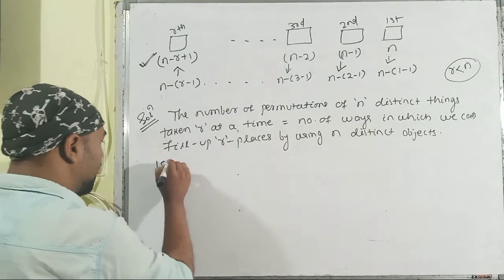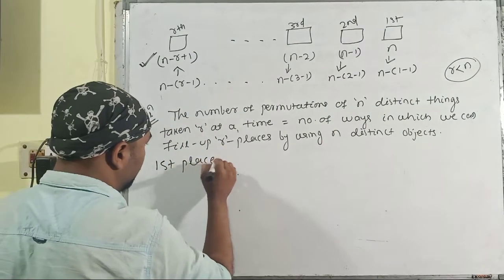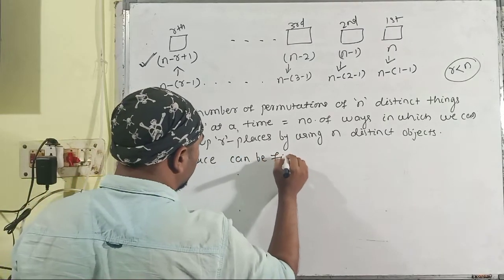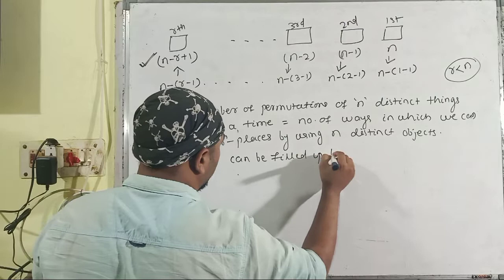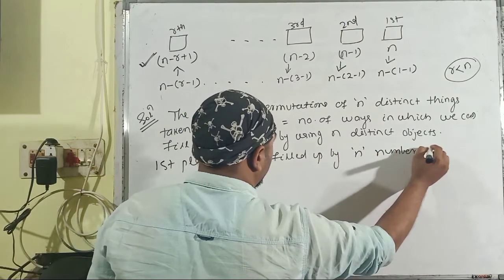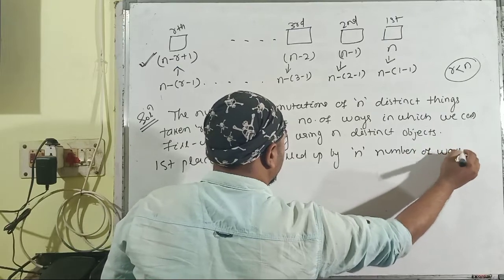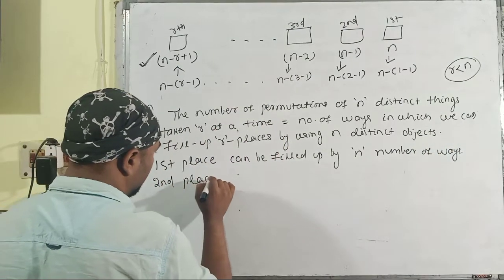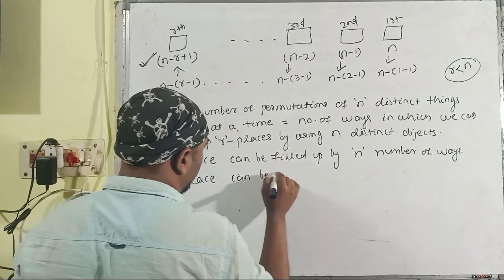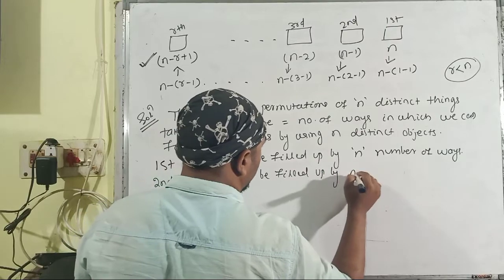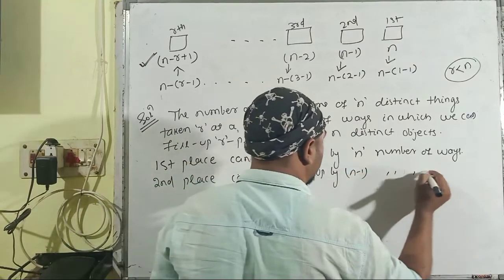So the first place can be filled up in n number of ways. The second place can be filled up in n minus 1 number of ways.